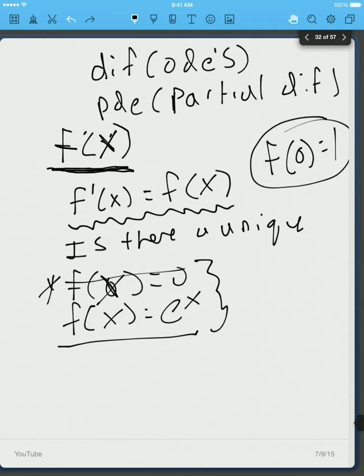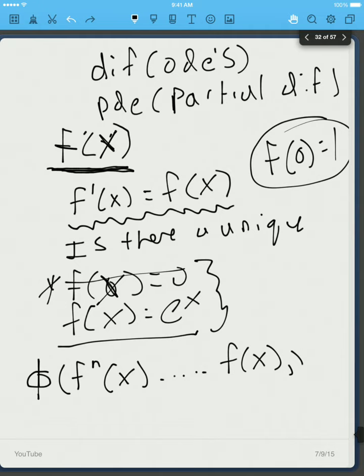So really, the way that differential equations work is that you have an equation that's all dependent on, you can basically write any differential equation as, let's say we have some new function phi, and we have f^(n), which is the nth derivative, and we have that go down to just f of x and x.